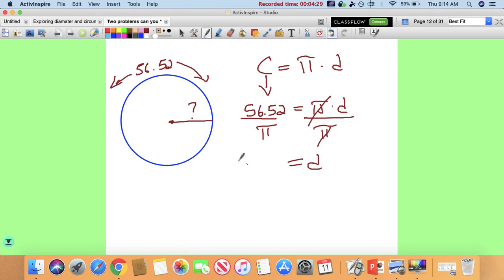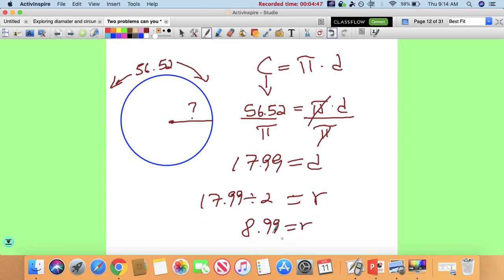Enter. It's going to give us 17.99. But that's the diameter, right? So to find the radius, we're going to divide 17.99 by 2. That's going to give us 8.99, which rounds to 9. So this radius equals 9.